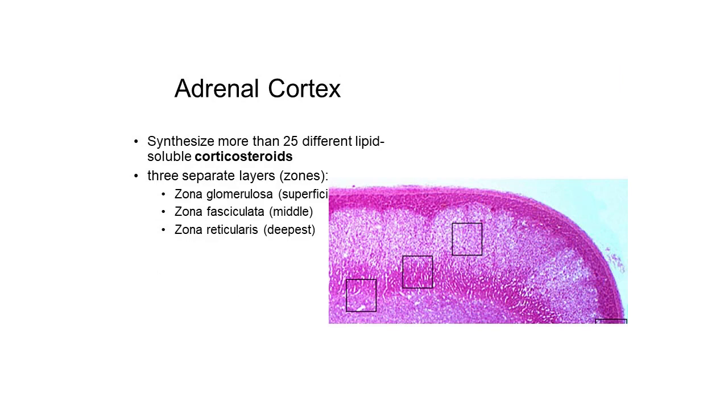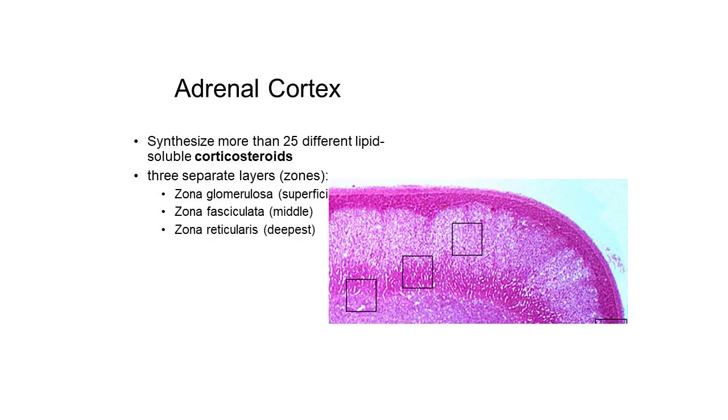All right, so adrenal cortex. We're not going to learn all 25 different corticosteroids produced by the adrenal cortex. You thought the medulla was the business end of the adrenal gland. Nah, the cortex is doing a lot, and the adrenal cortex can be separated into 3 layers.